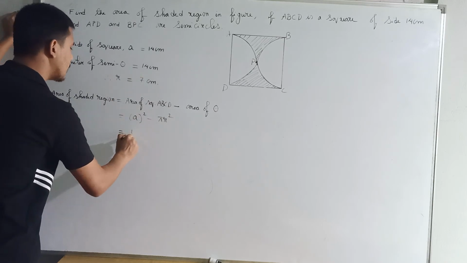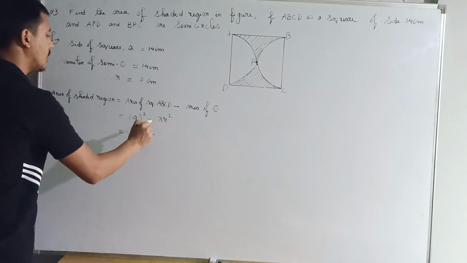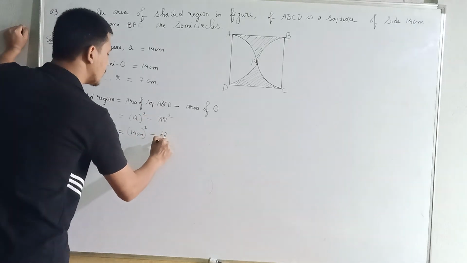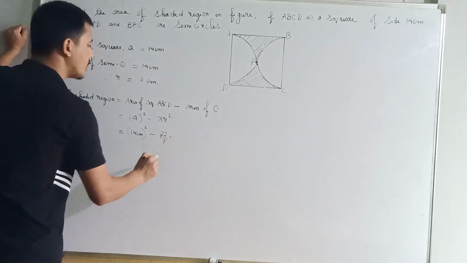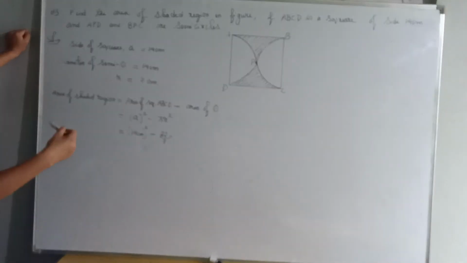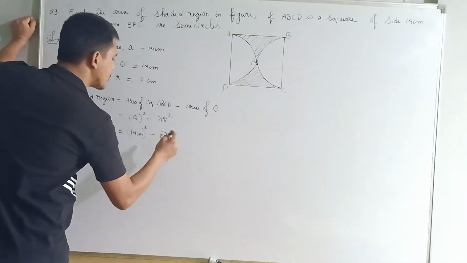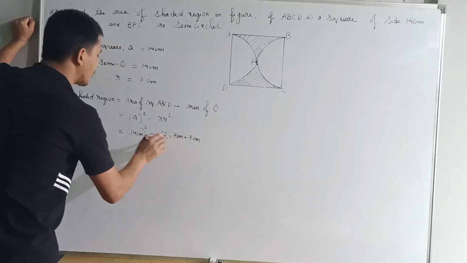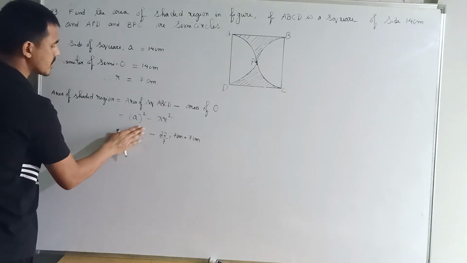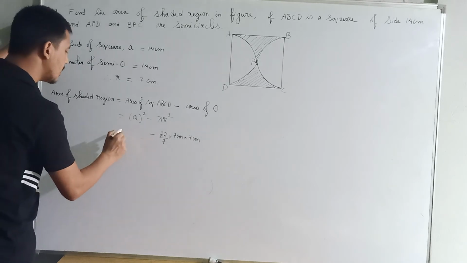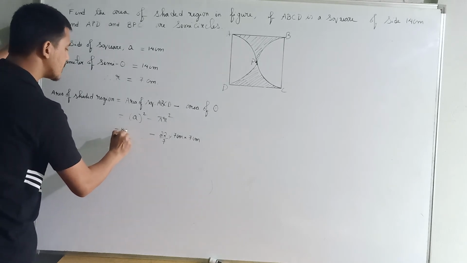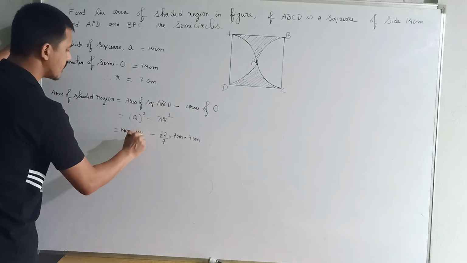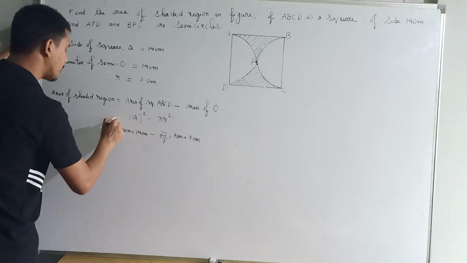Side is 14 centimeters, so 14 centimeter whole square. Pi is 22 upon 7 into r square, means radius into radius, r times r. So that is 7 centimeter times 7 centimeter. For this, a square means a times a. So that is 14 centimeter times 14 centimeter. That's how we can write.